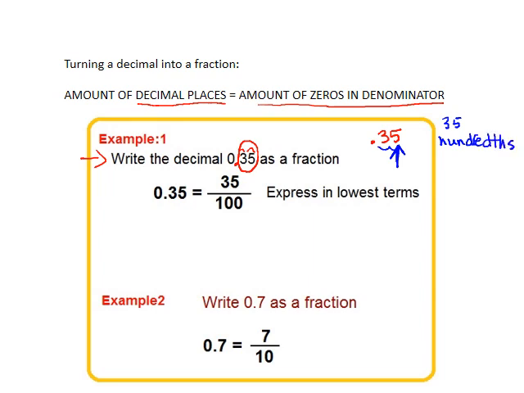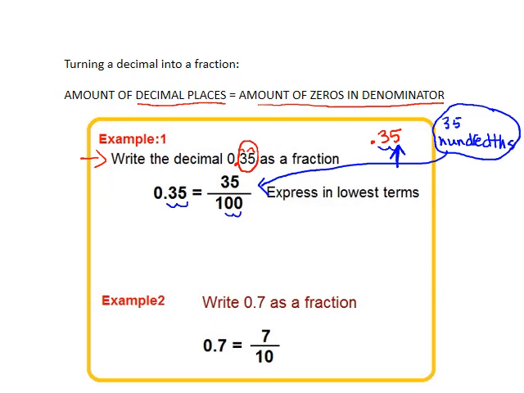Awesome. Okay, so if we're going to call this thing 35 hundredths, does it make sense to you that we're going to put a fraction like that, 35 over 100, or 35 hundredths? So when you see two decimal places in the decimal, then you're going to put 2 zeros in your denominator.